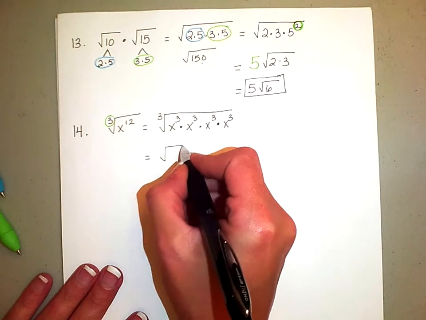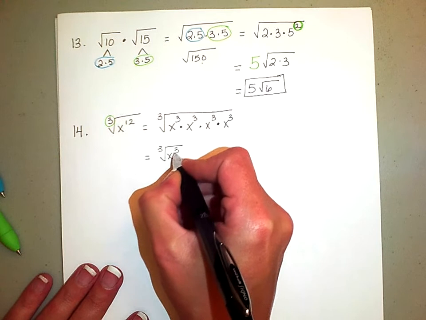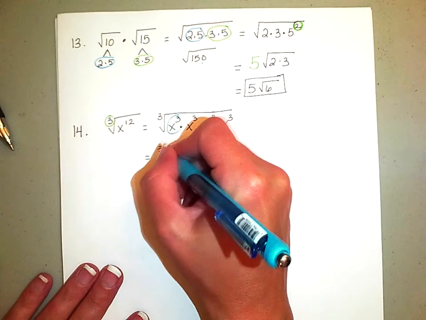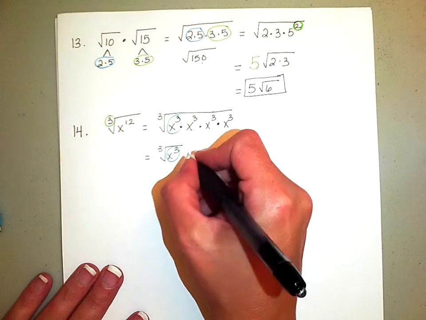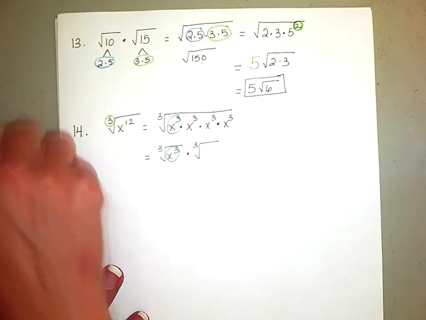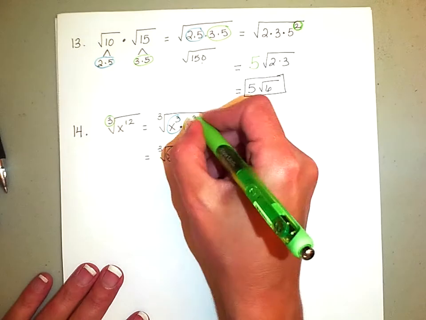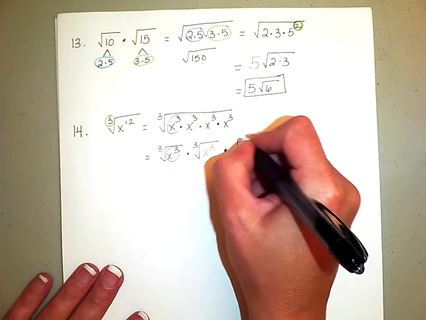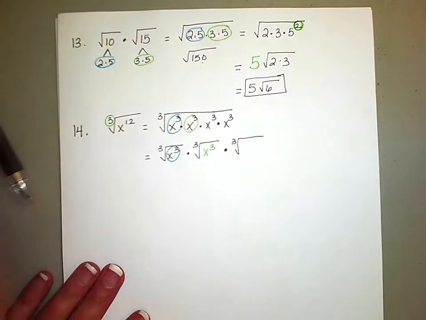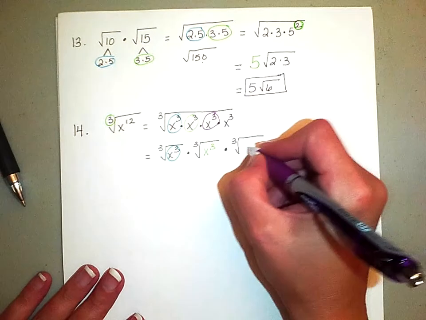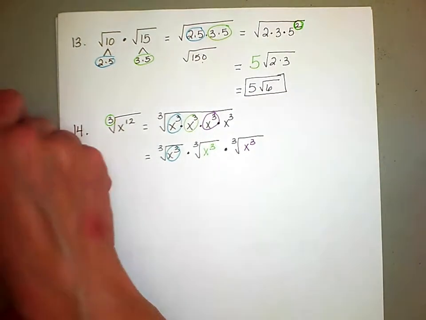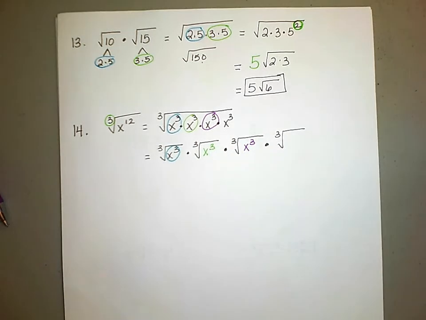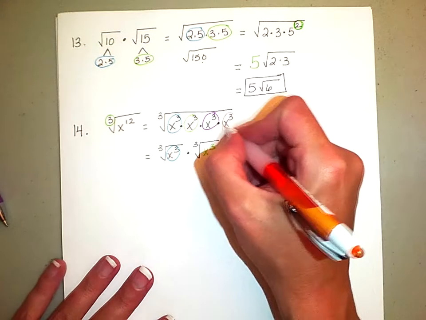So I could break these up as the cube root of x cubed times the cube root of x cubed times the cube root of x cubed times the cube root of x cubed.